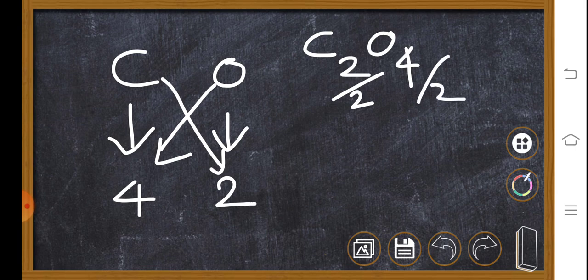If it is not divisible by a common number, then write the elements as they are. And we get CO2, or C1O2. So this is the method we can use to write a chemical formula.